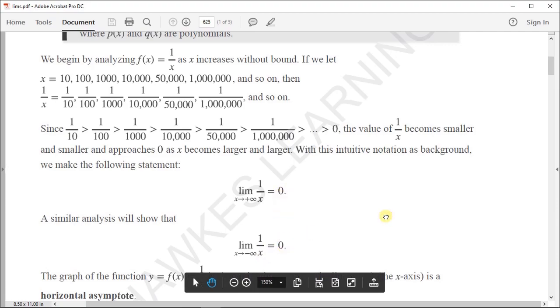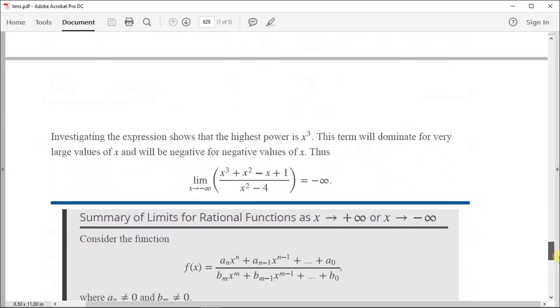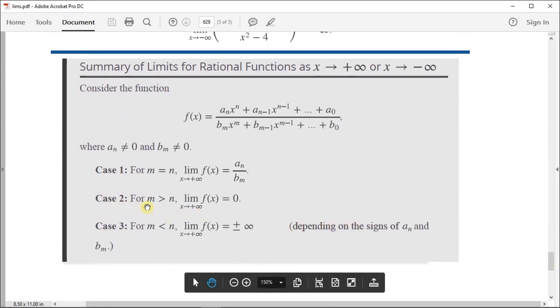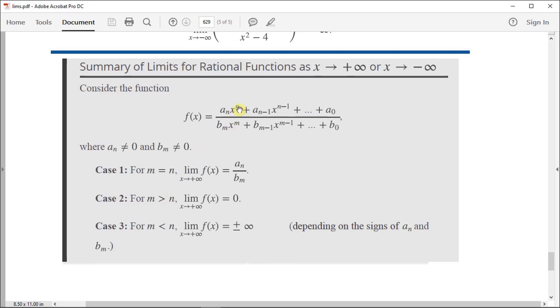Okay, so that's actually another case that they're talking about. Look right here, case 2 for m greater than n. Again, m was on the bottom, n was on the top, m greater than n. So they're saying if the exponent on bottom is bigger than the top, you get 0. Automatic. Okay.